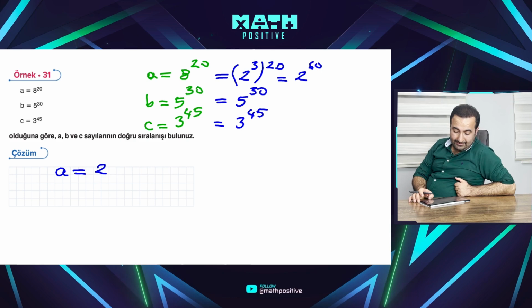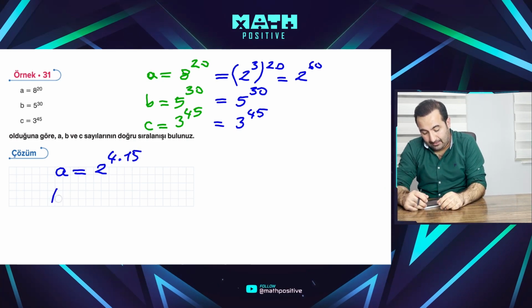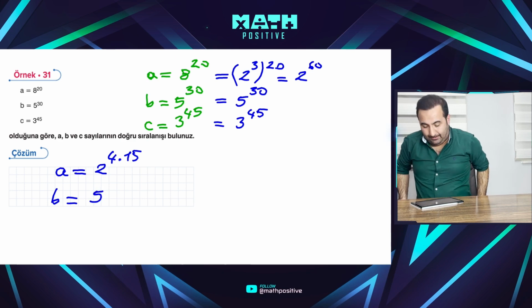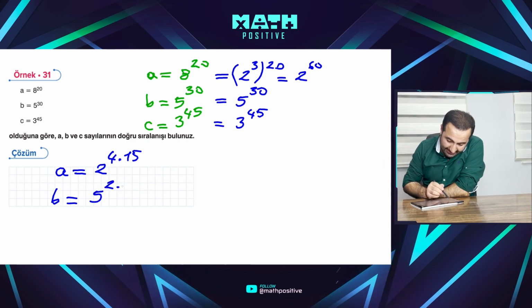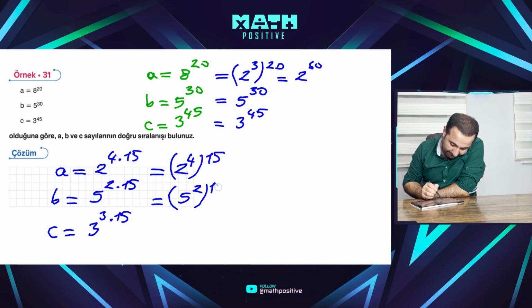If you consider our powers are all 15 times something, we will use this. A is 2 to the power 4 times 15. B is 5 to the 2 times 15, and C is 3 to the power 3 times 15.